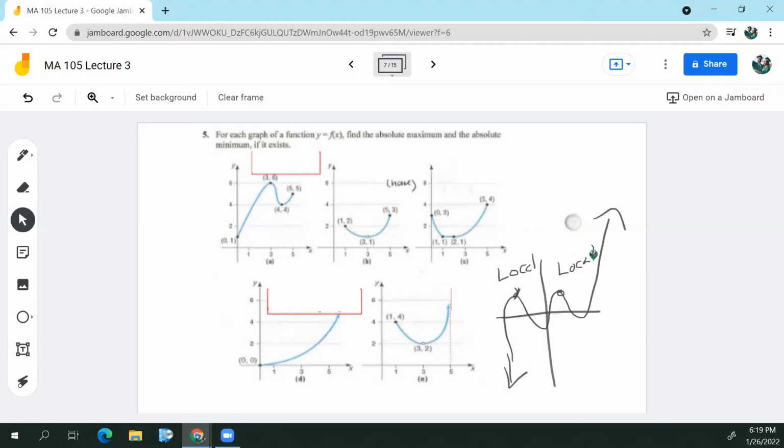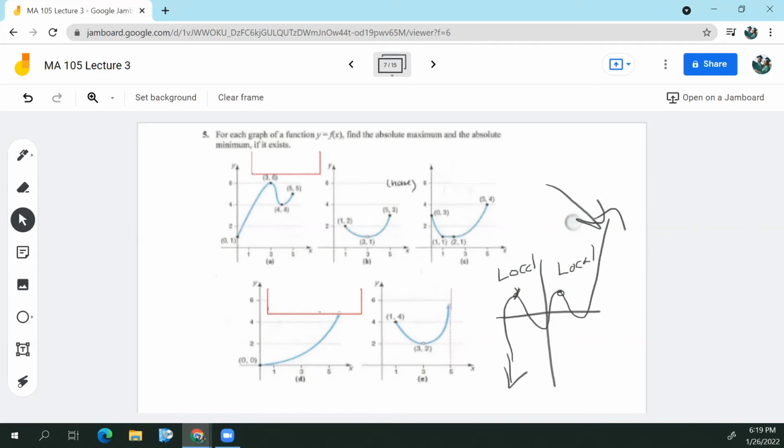Those are maxes, but are they absolute maximums? Absolutely not, because obviously this part of the graph gets higher than those local maxes. Does that make sense? So I'm talking about absolute. I'm talking about absolutely no lower than that.